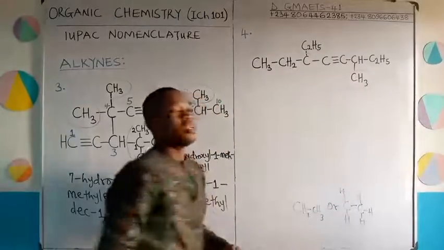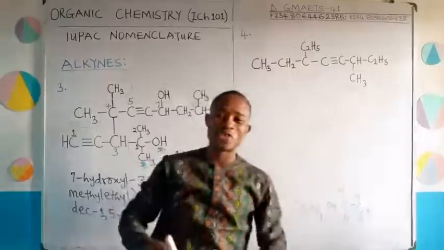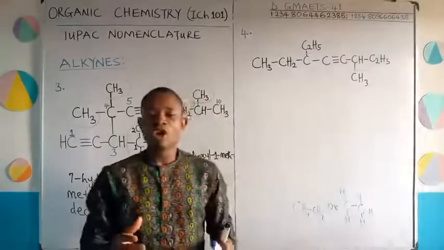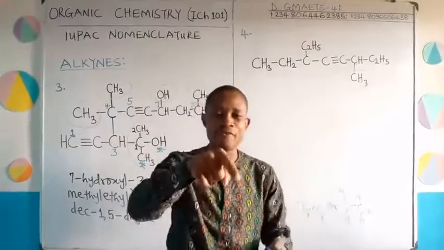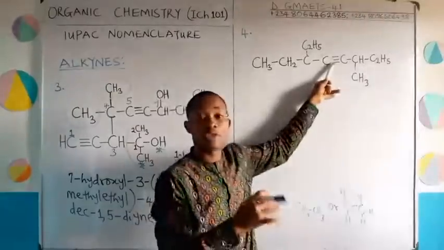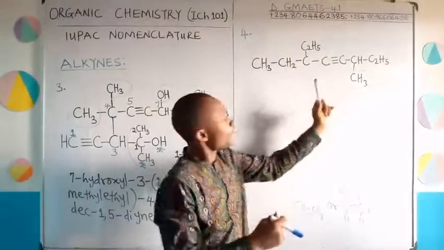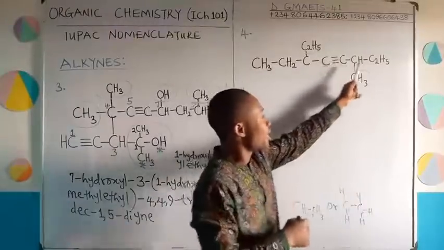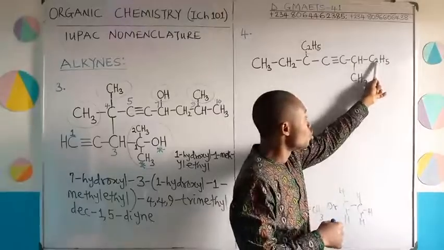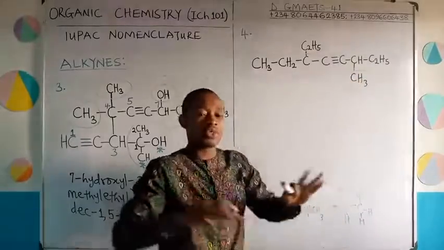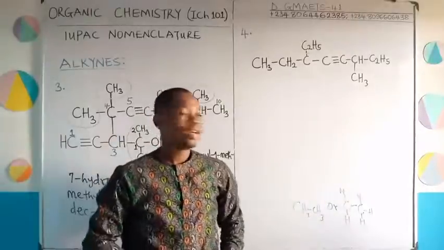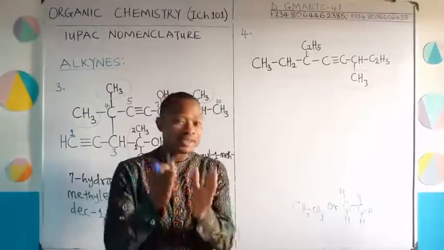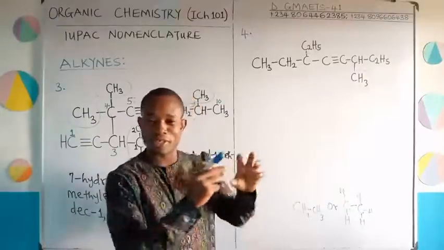Now, this structure, from what I'm observing, is quite interesting because here we are going to have the problem of not knowing where to count from if we decide to consider where this triple bond is closer to. Are you following right? Because checking from here, 1, 2, 3, 4, on the fourth carbon atom you see the triple bond. Counting from this end, 1, 2, 3, 4, on the fourth carbon atom, you still have the triple bond. And good enough, we've met something like this under alkenes. Alright? But there is still one difference you're going to see here.